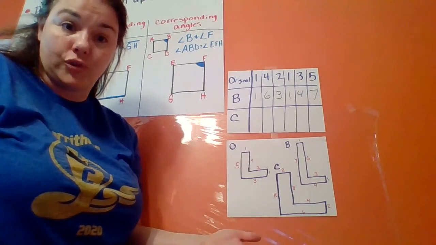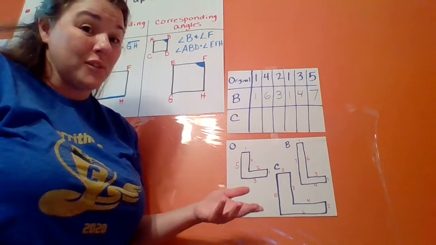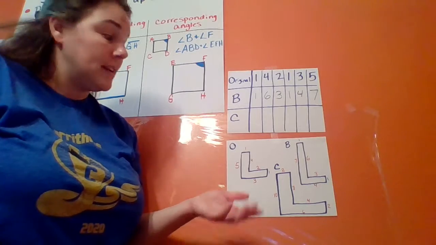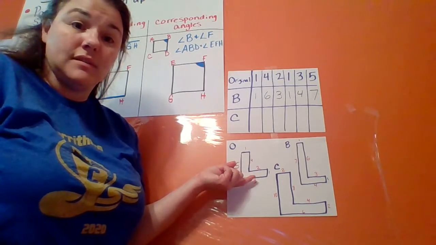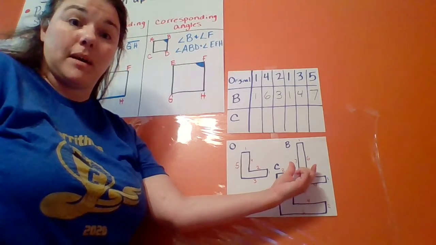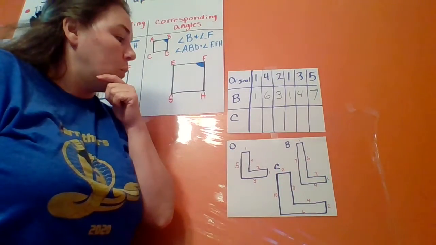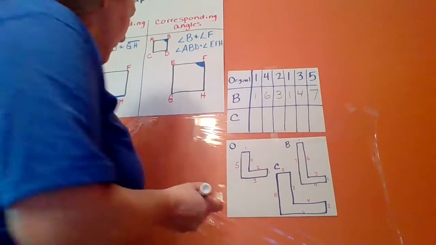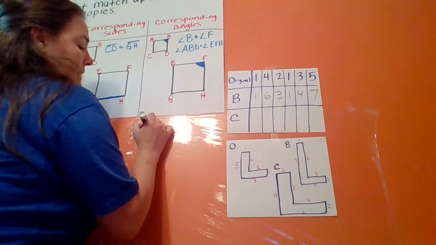They have to be proportional, okay? Also, with scale copies, we use multiplication to go from our original to a scale copy, all right? So we always have to think that, and I'm going to write this down.